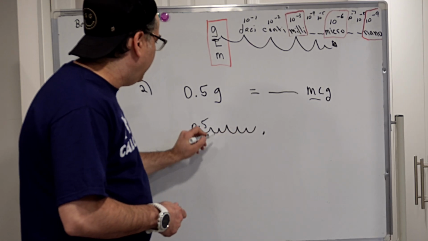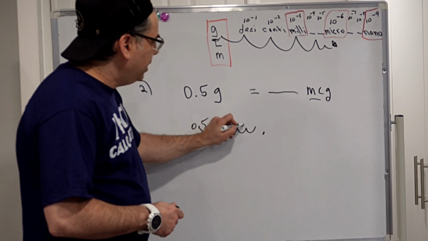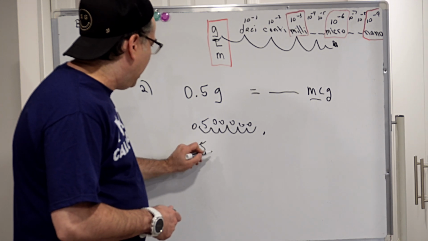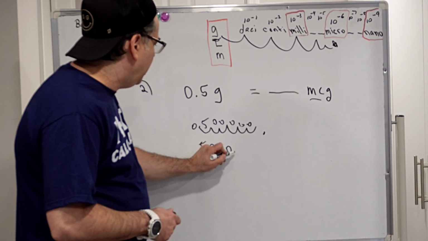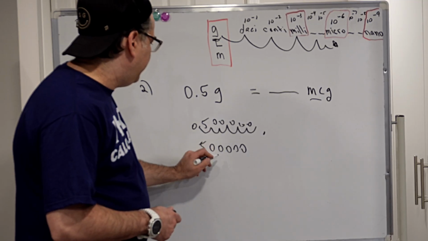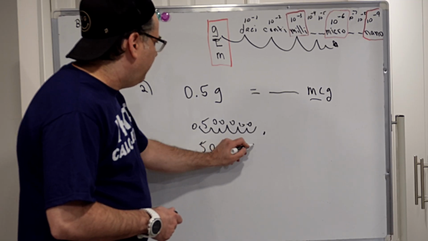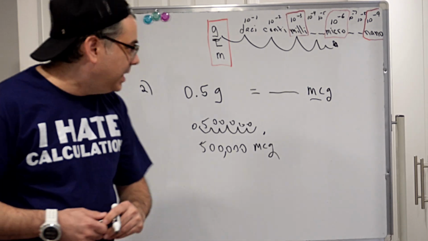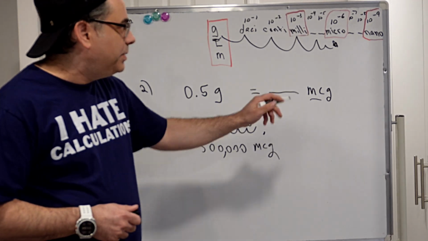Put a decimal point here and fill in the zeros. So we're going to have 500,000 micrograms is the answer.